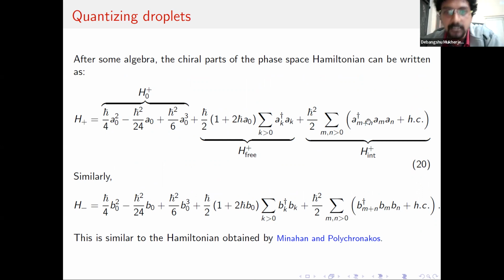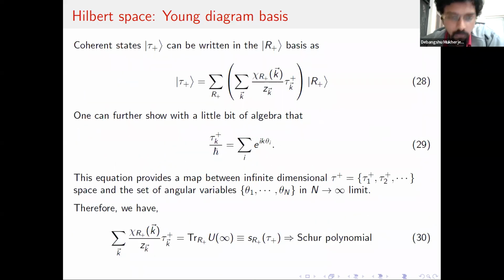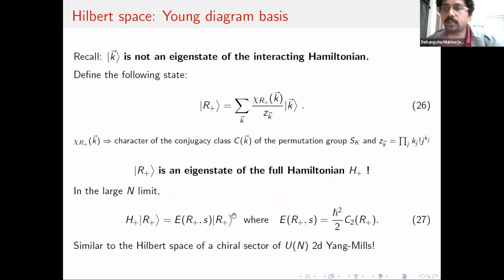In such a case, calculating the action of H plus on C2 becomes much easier, because whenever you have two fermions, they are always going to create a product, and it's going to annihilate whatever is going to come.